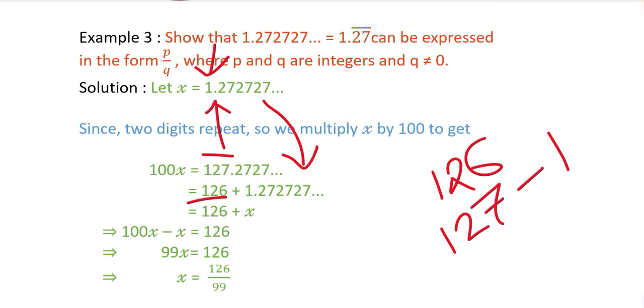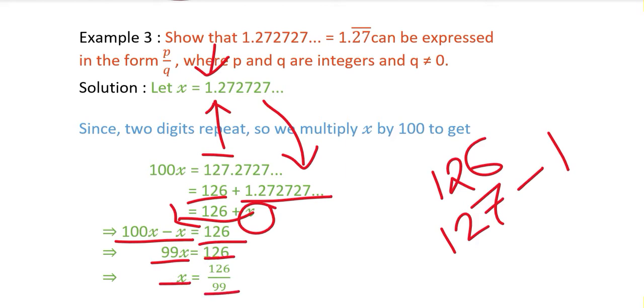Alright, and then you replace this value with x, and then you take this x to the left hand side like the previous example. You have 100x minus x is equal to 99x. On the right hand side you are left with 126. So x becomes 126 by 99 by shifting the 99 to the right hand side.